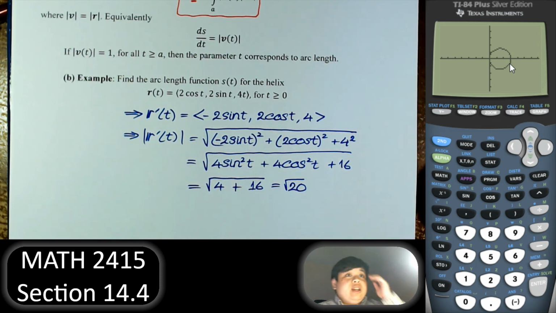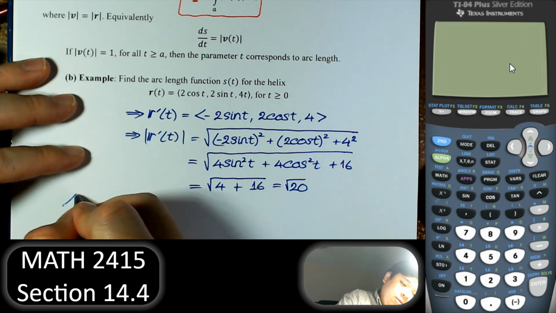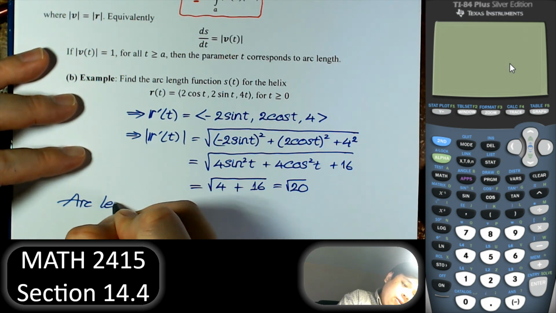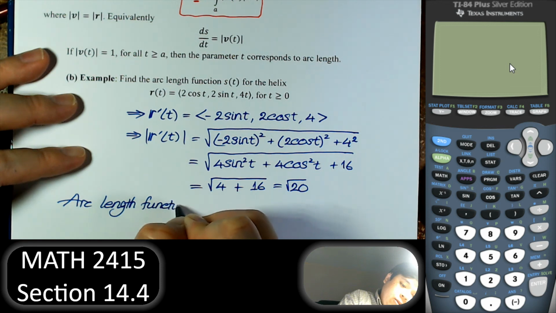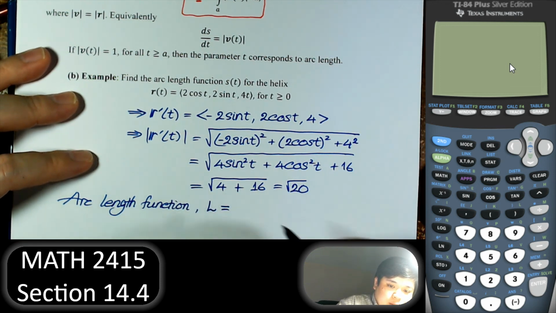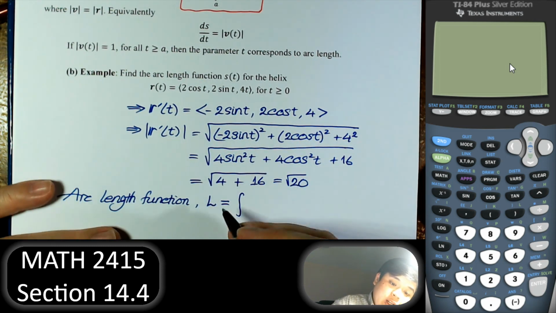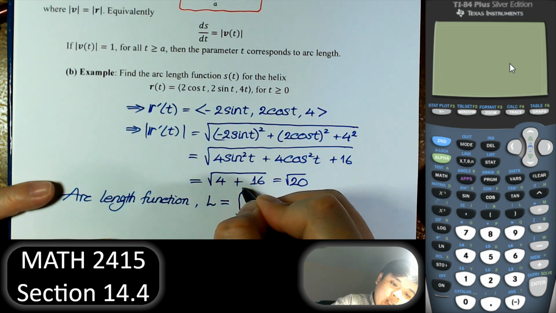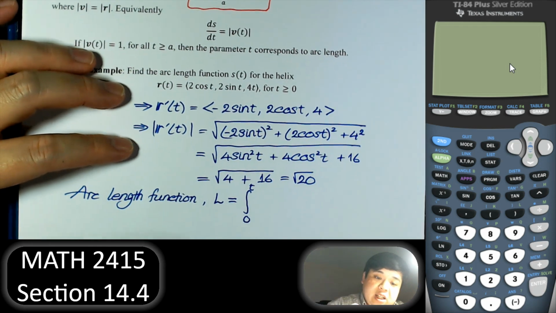Now, if this has t in it, then we have to do something else. But here, when we find the arc length function, instead of going from 0 to something, we go from 0 to t. By the way, I should not write L, just write S of t.